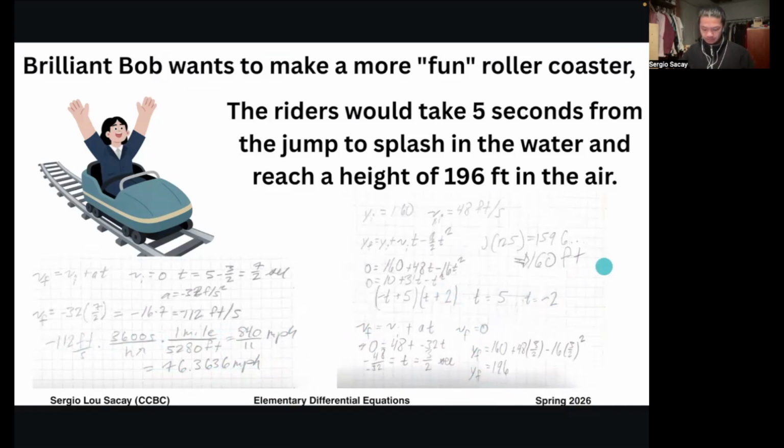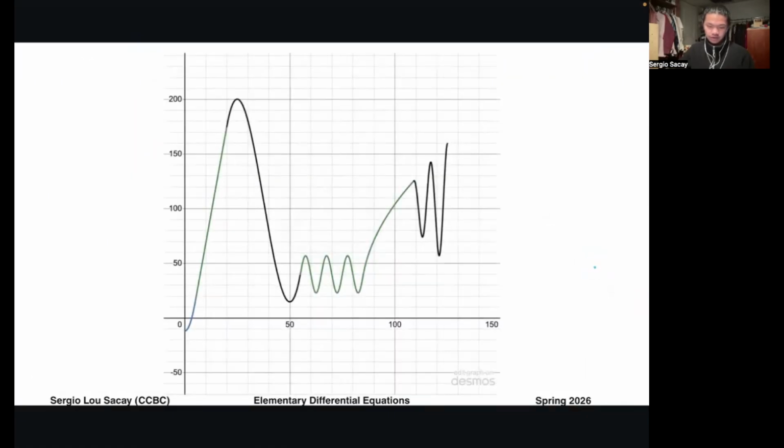And so we notice that the max height the passengers reach is still less than the maximum height of the roller coaster. Remember, the roller coaster was 200 feet. Okay, here we go. So this is our curve for the graph.